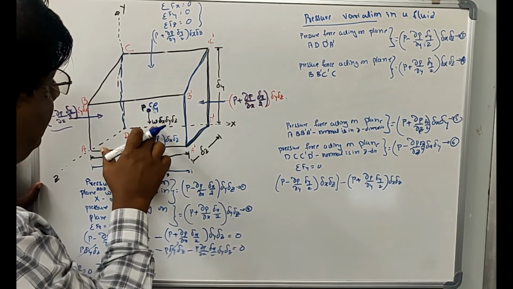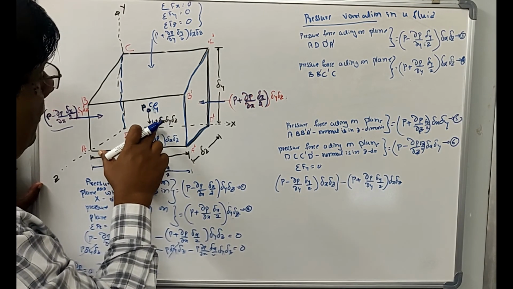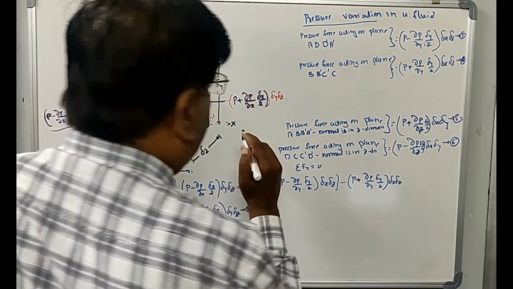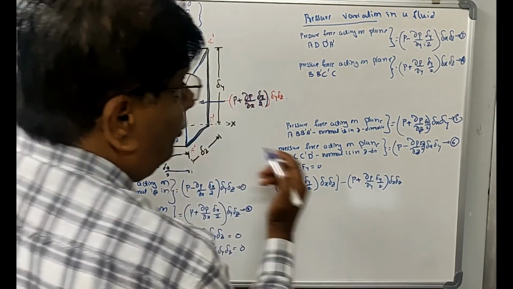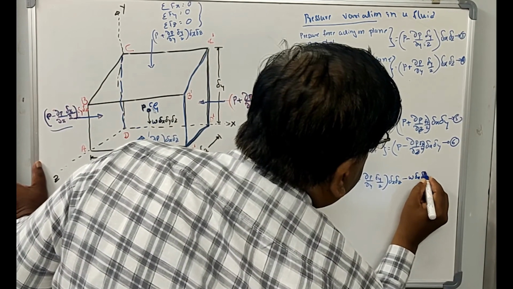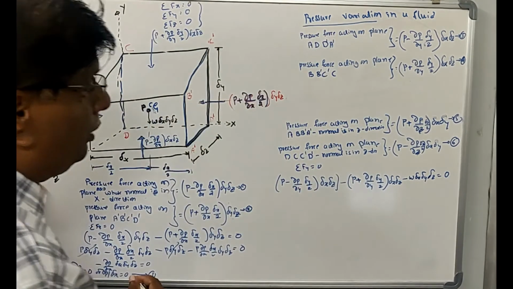Thus this self weight is equal to the unit weight or the specific weight W multiplied by the volume Δx Δy Δz, since this is also acting in the downward direction, minus W Δx Δy Δz, this must be equal to 0.